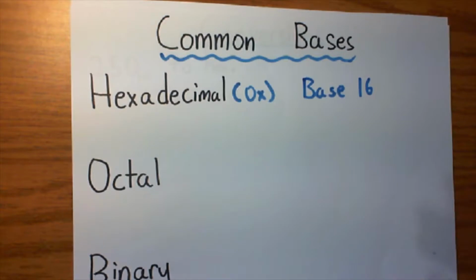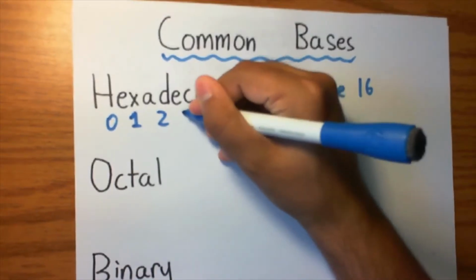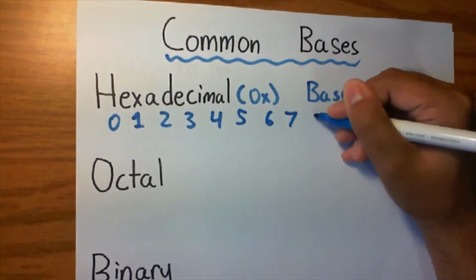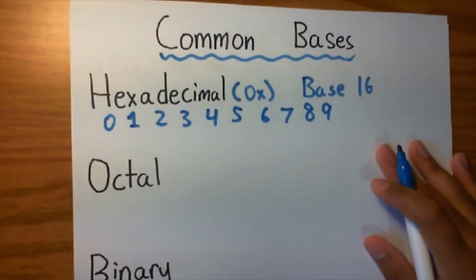As you're probably thinking, how can we have that when we only have numbers 0 to 9 for each digit? So what we actually do is we have 0, 1, 2, 3, 4, 5, 6, 7, 8, 9. So these are our first 10 values.